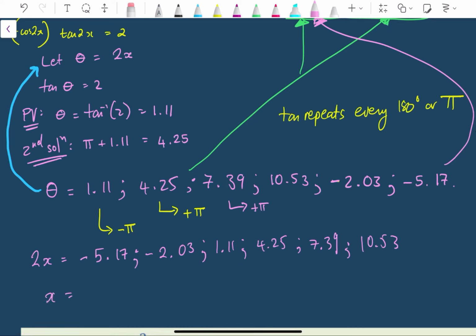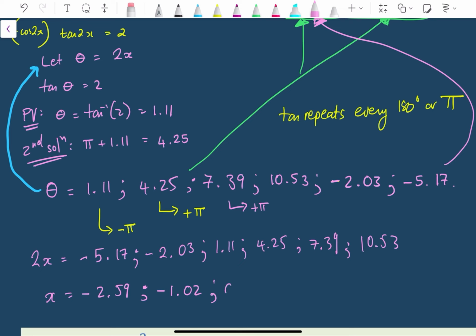So let's do that. Negative 5.17 divided by 2 is negative 2.59. Next one, negative 2.03 is negative 1.02 rounded.